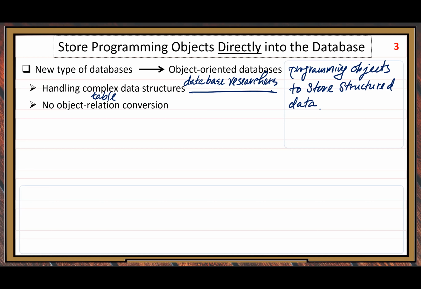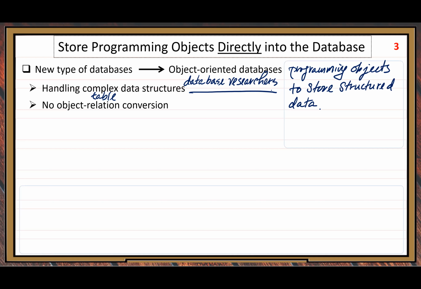So they are interested. They want to develop some new type of DBMS. They argue there are some good properties in this type of database. So no object relation conversion.